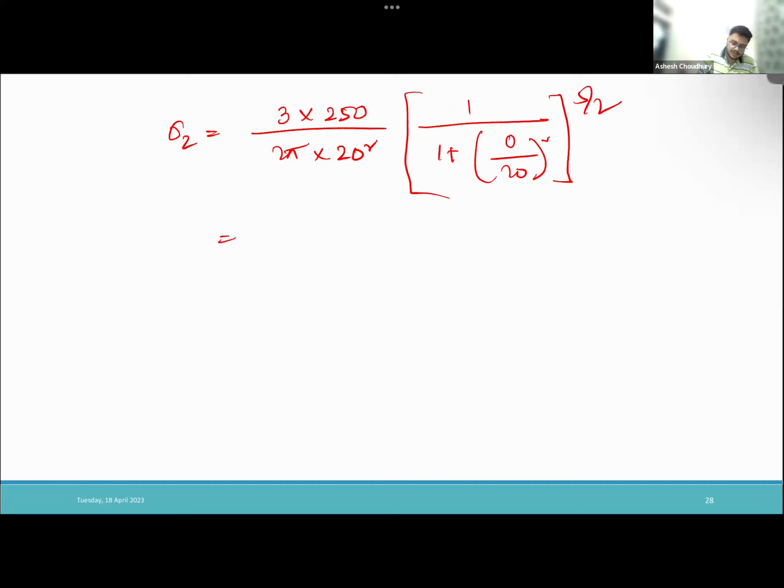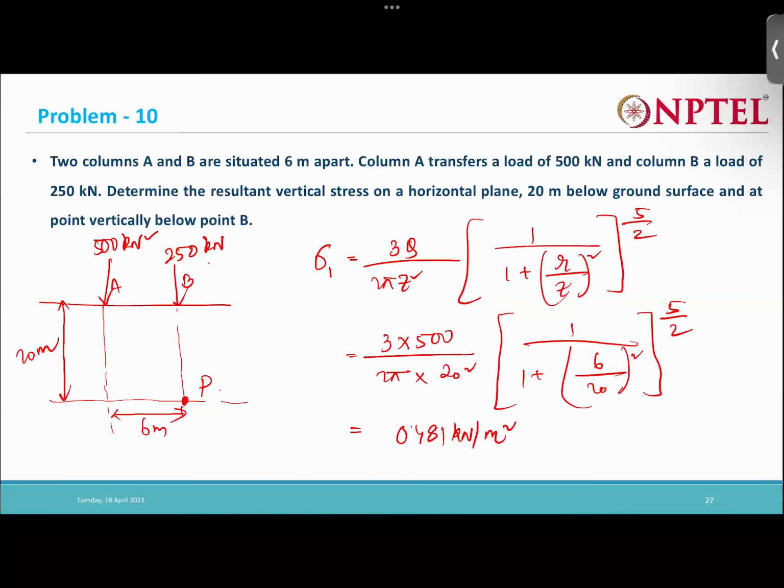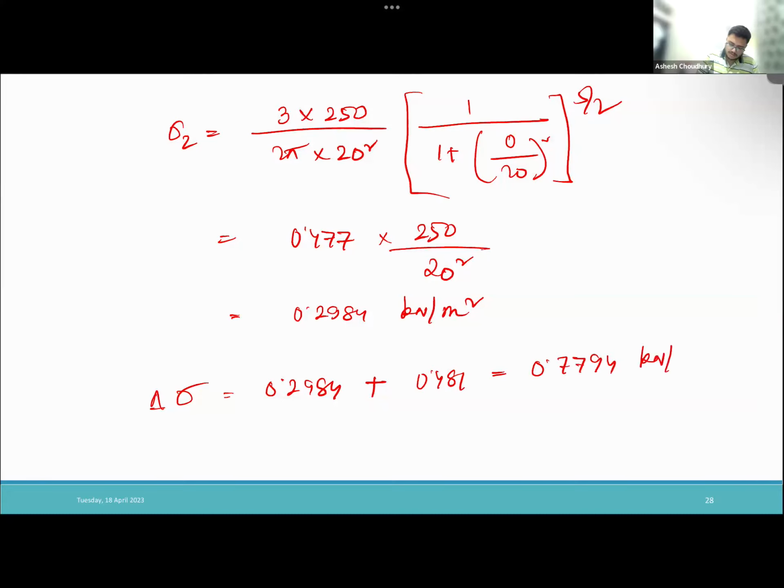So another formula is there. It's, I think, about 0.477 Q by Z square. So Q is 250, Z is 20 square. So it will be around 0.2984 kilonewton per meter square. Okay. So the total increase in stress is nothing but 0.2984 plus this 0.481, which is 0.7794 kilonewton per meter square. Okay.